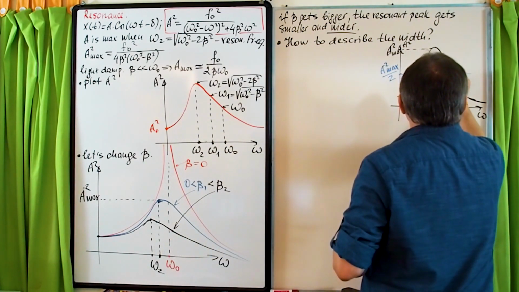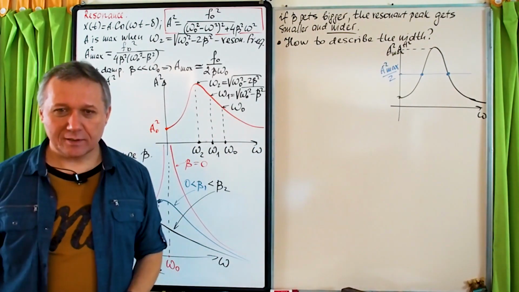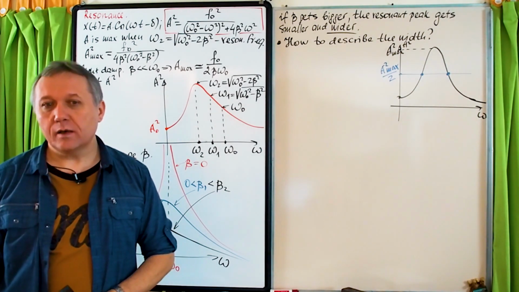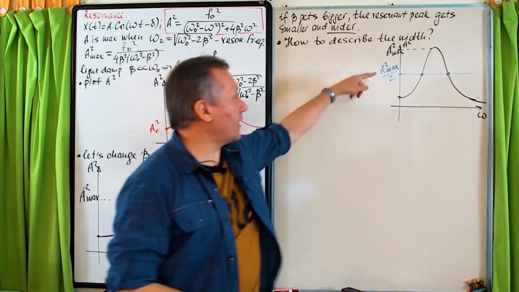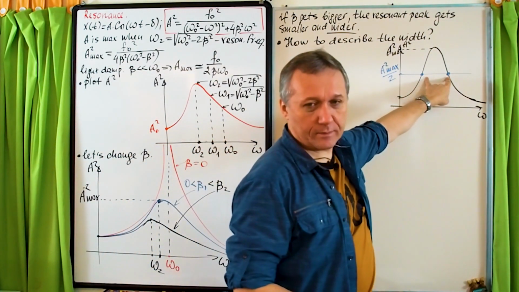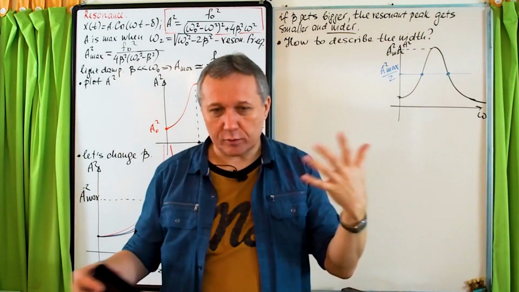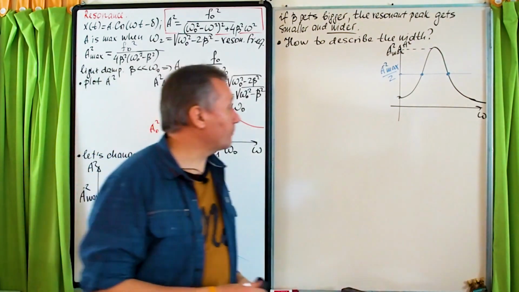And the frequency distance between these 2 points is called the full width at half maximum. Half maximum and full width. Full width relative to the center, because you can also use half width, full maximum.